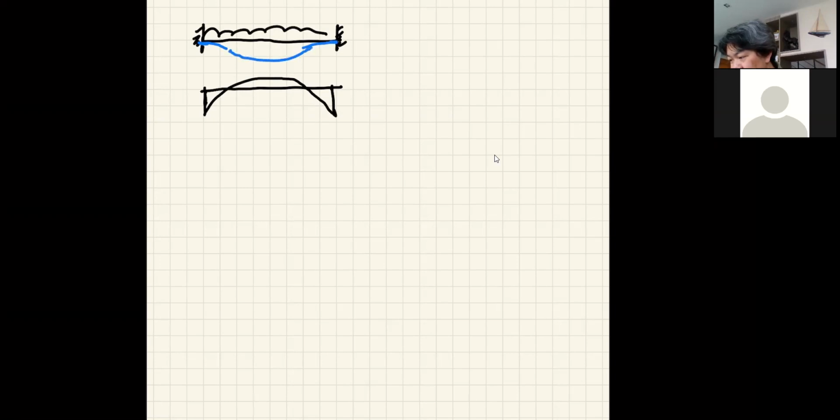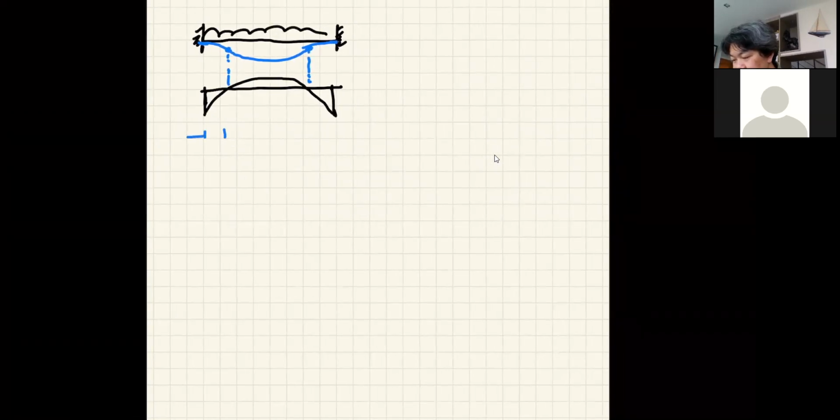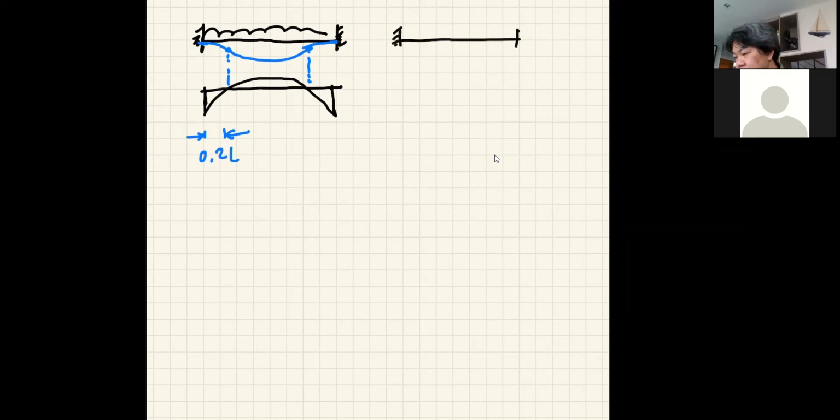So the picture of the deflected shape should have a relationship with where the hinges are, right? So generally, they say this point is roughly like 0.2 L. Okay, so let's say if you have a structure like this and you put the point of inflection on it, or you put the internal hinge on it like that, it becomes a determinate structure.